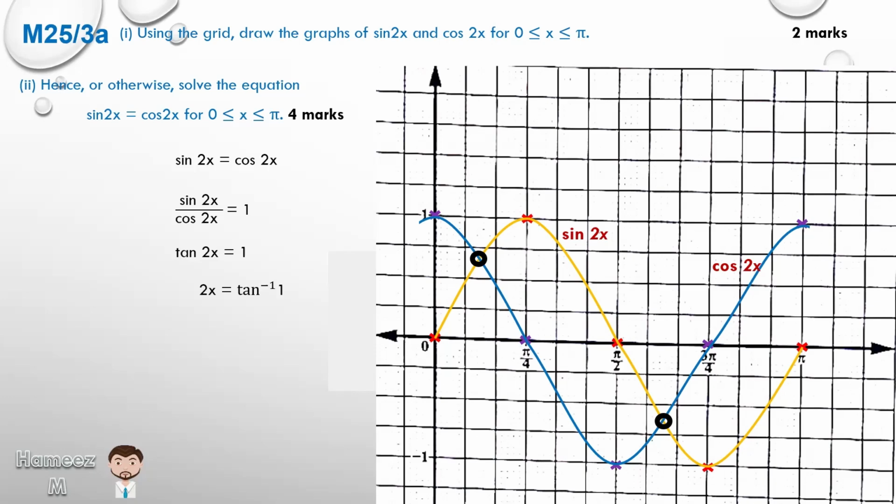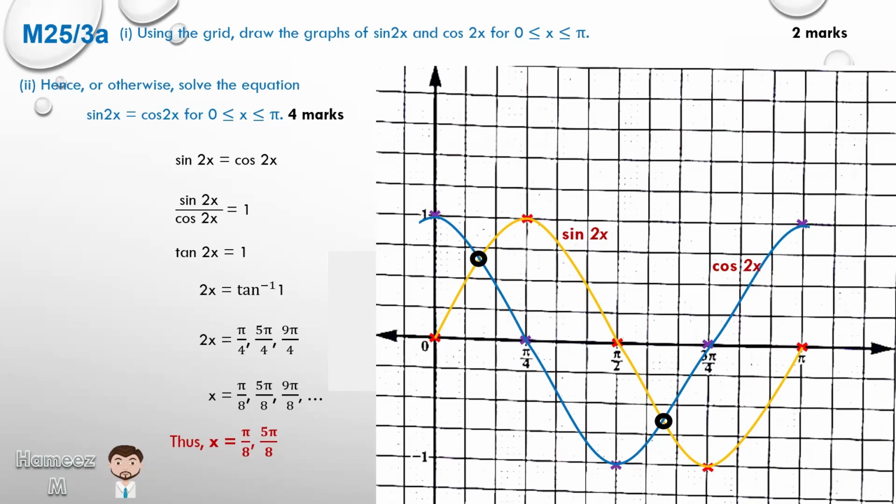So if we have π/4, we will also have it at π plus π/4, which is 5π/4, and 2π plus π/4, which is 9π/4. And it continues. So 2x is equal to these different values. As such, x is equal to π/8, 5π/8, 9π/8, and we have a range. We're starting from 0 and ending at π. So 9π/8, even though it's correct, is outside the range.